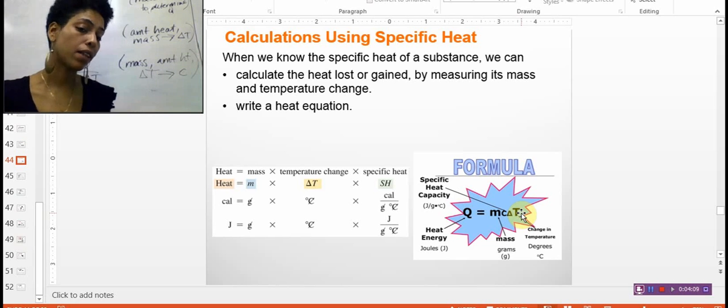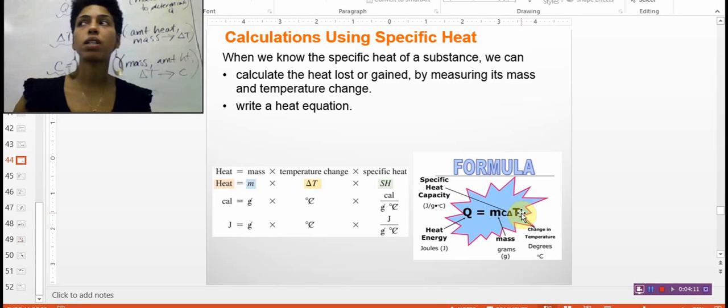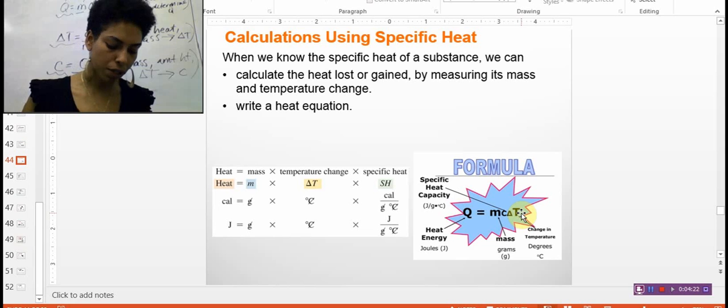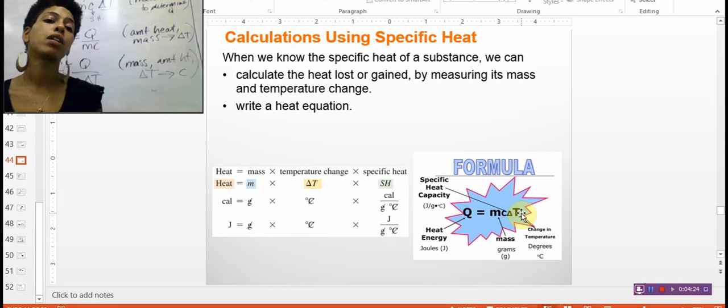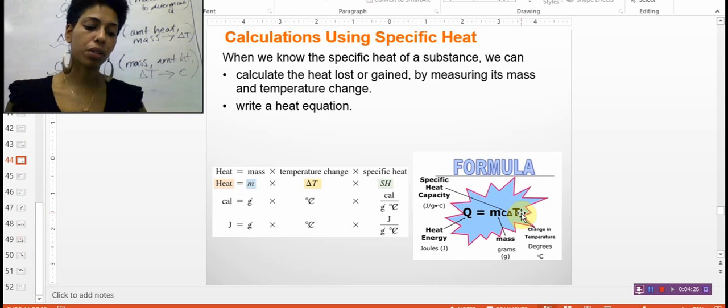Now, the thing that you should think about when you're doing these calculations is, am I absorbing or am I releasing energy? So absorbing or losing energy. I like to think of the system as like your bank account, right? When you deposit money into your bank account, you increase your bank account and you're going to add money, so it's a positive change.